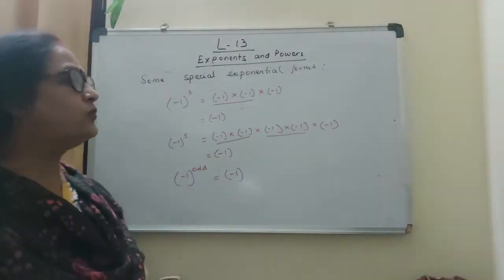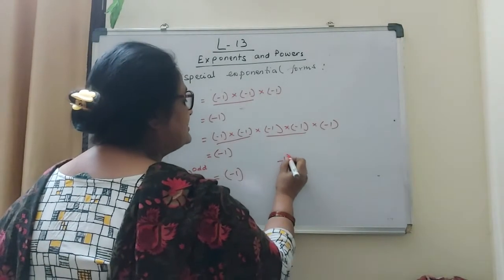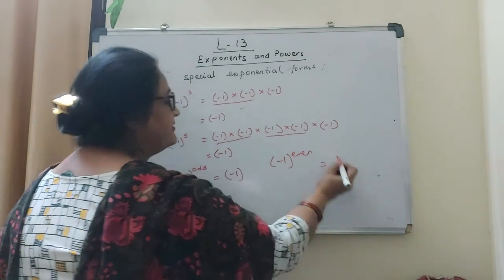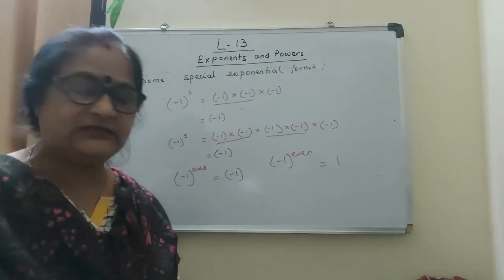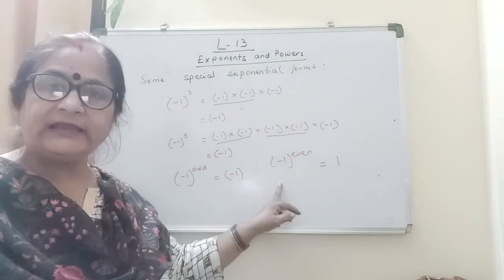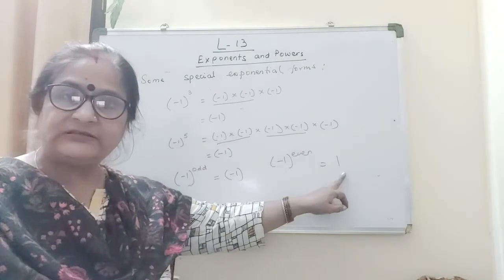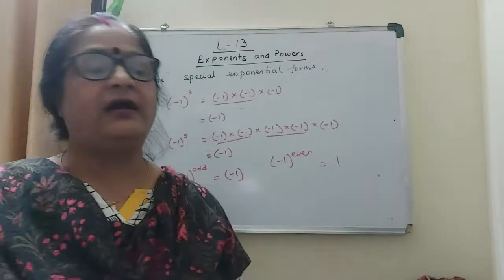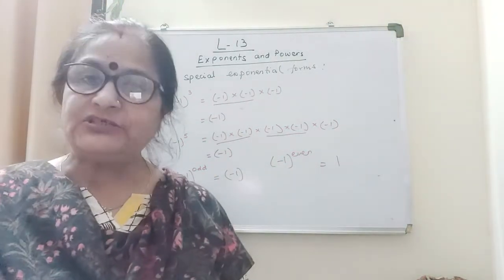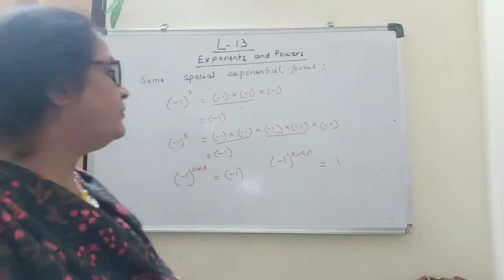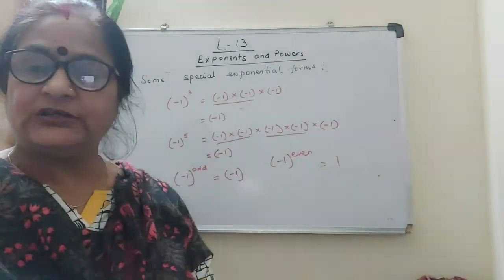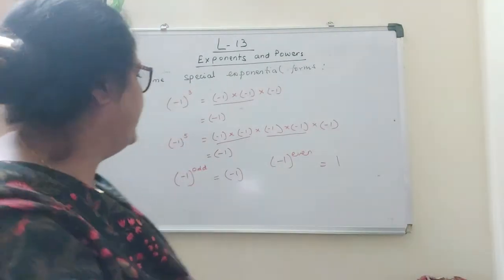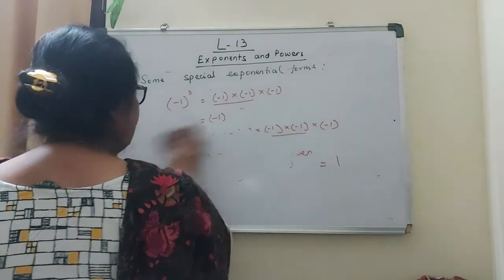If negative 1 is raised to an even positive power, then the answer will be positive 1. So a negative 1 can give you either a positive answer or a negative answer. These are special ways of writing the exponential power.